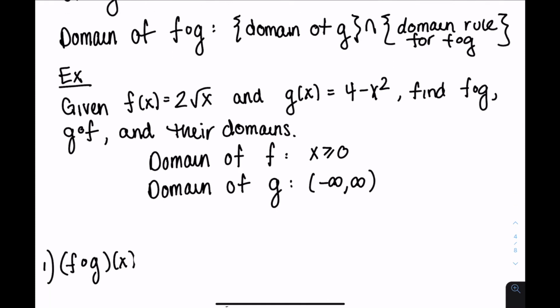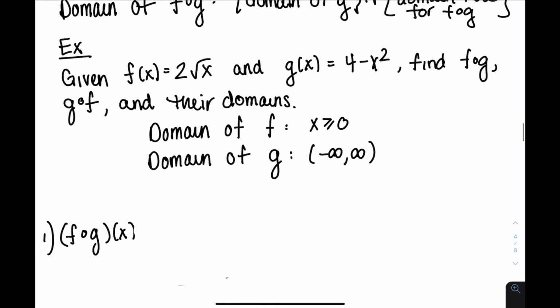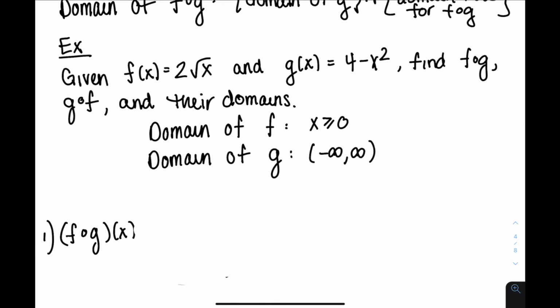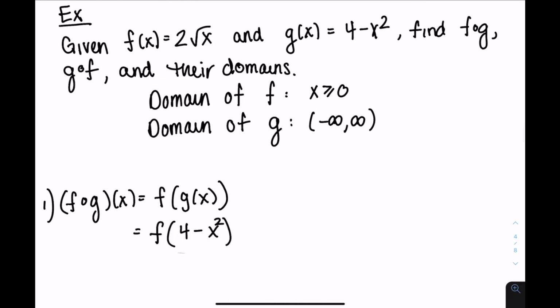Now we can find these composite functions and use these two domains to help us out. First, f of g of x means we're going to take f and evaluate it at g of x. g of x is 4 minus x squared, so anywhere I see an x in my function f, it gets replaced by 4 minus x squared. So what's underneath the radical gets replaced by 4 minus x squared.